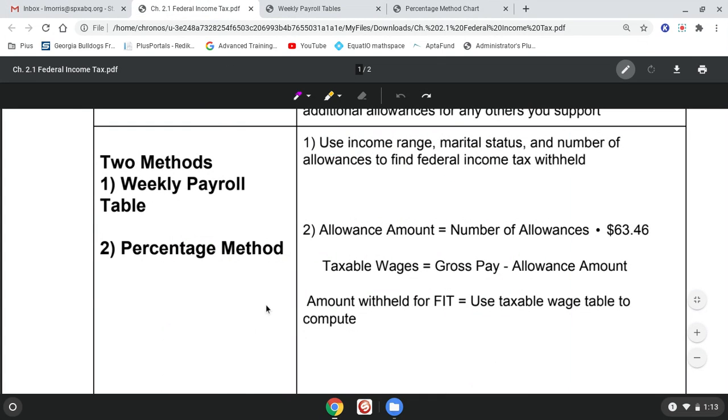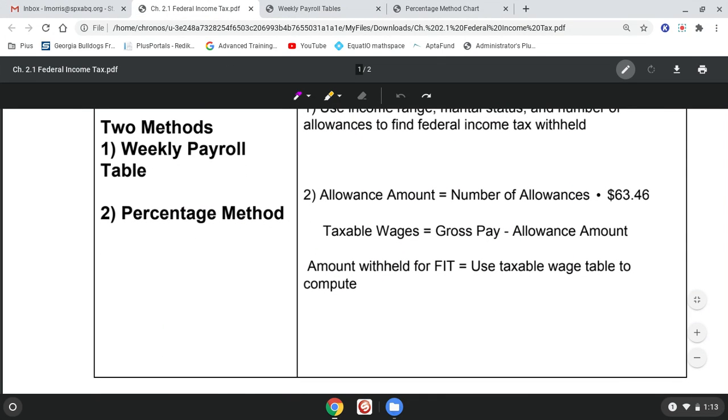then the second one is the percentage method. And the way that this is calculated is companies take a percentage of your pay, and they use that to calculate how much withholding you'll have. So the first step you have to do is find your allowance amount.